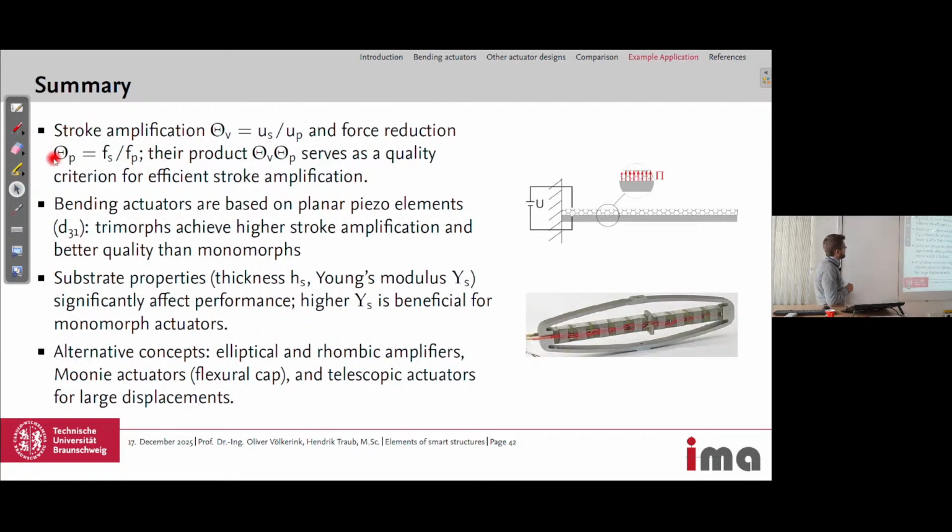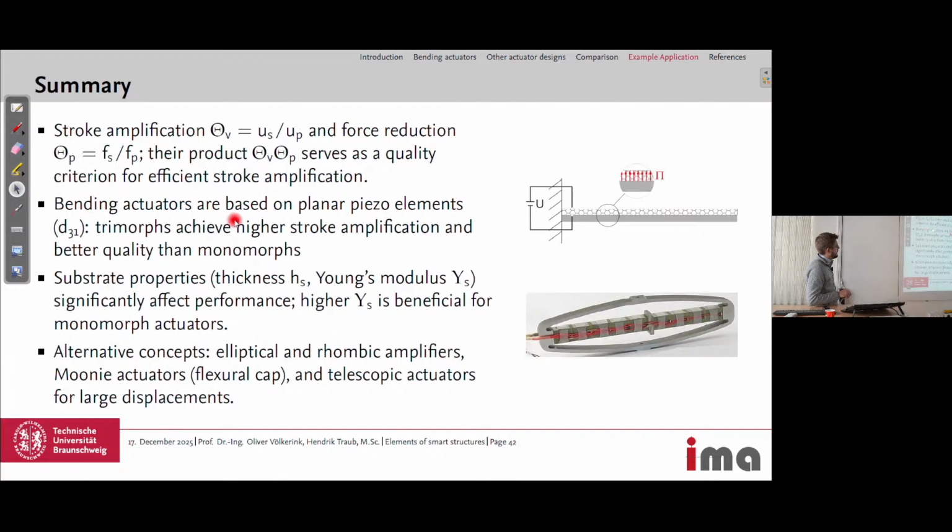We have a force reduction, which compares the force of the system with the force of the piezo monolith. So the force of the system is always lower if we have a higher stroke. Therefore, if this number is small, then we have a high force reduction, and their product is a quality criterion to take into account both the amplification and the force reduction.